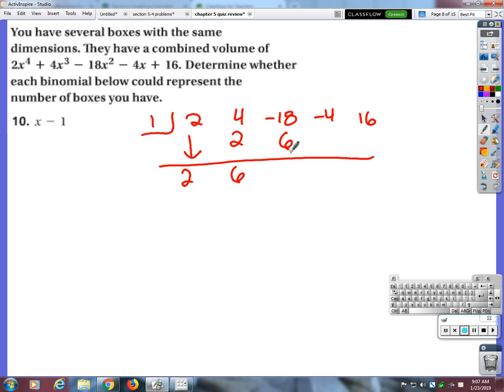Negative 18 and 6 makes negative 12. 1 times negative 12 is negative 12. Negative 12 and negative 4 is negative 16. 1 times negative 16 is negative 16. And then since these add together to be 0, no remainder, so that means yes, it is a factor. Okay?